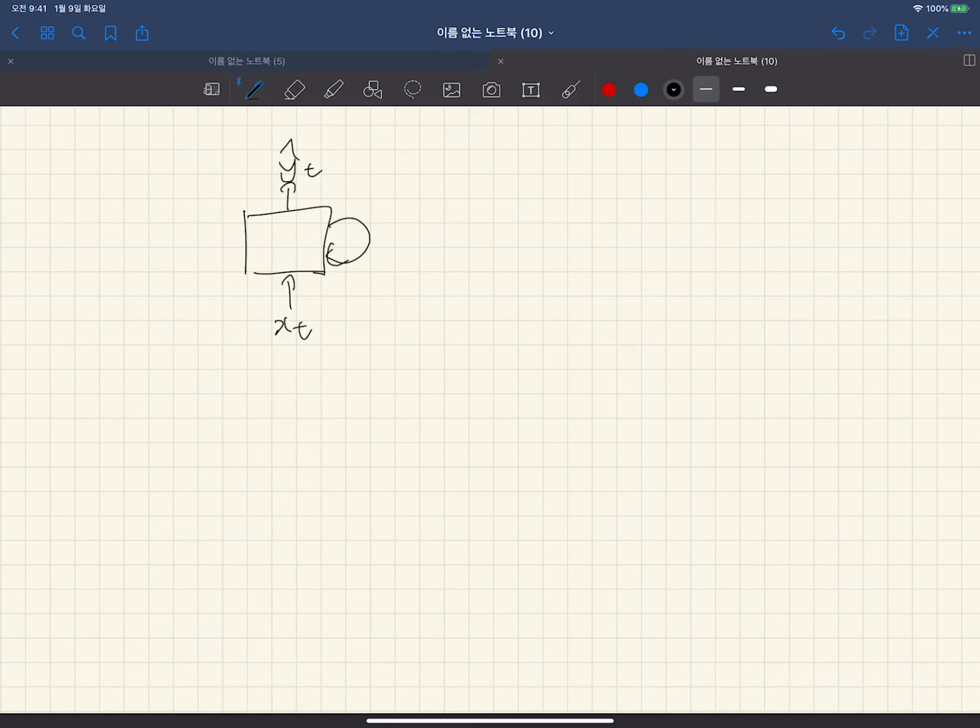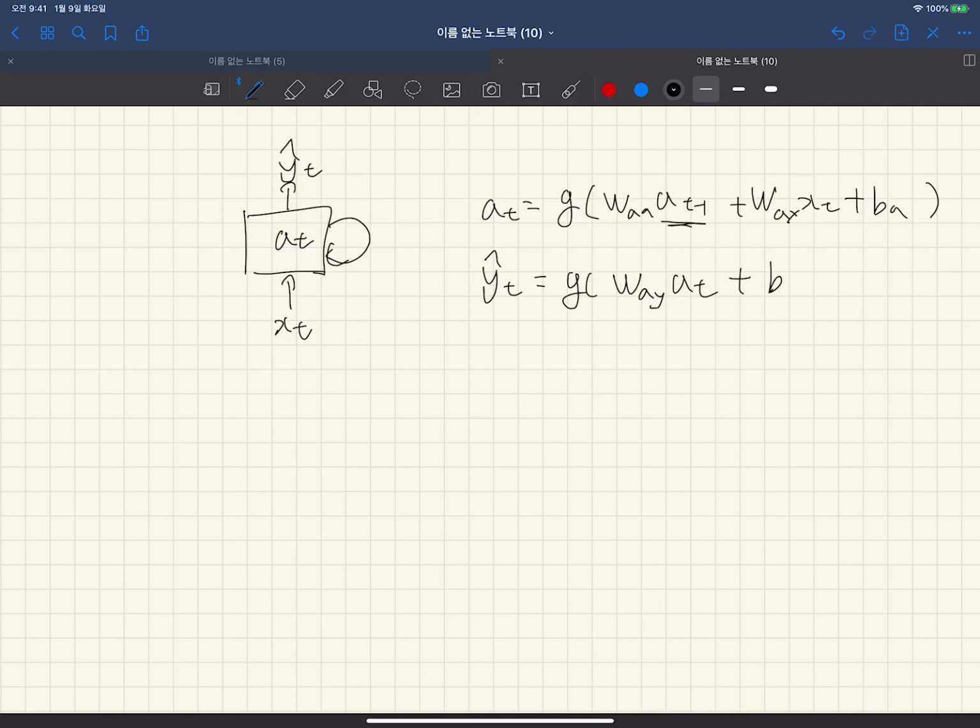At each time t, the hidden state value a_t is some nonlinear activation of W_aa times a_(t-1), the previous hidden state vector, plus W_ax times x_t plus b_a, and y hat t is obtained from parameters W_ya a_t plus bias parameter b_y.